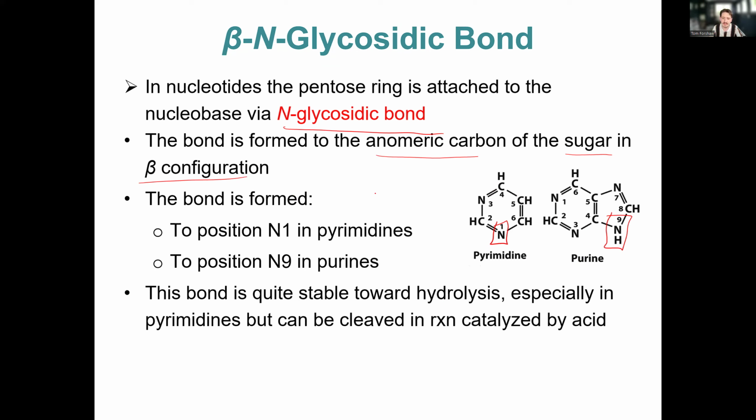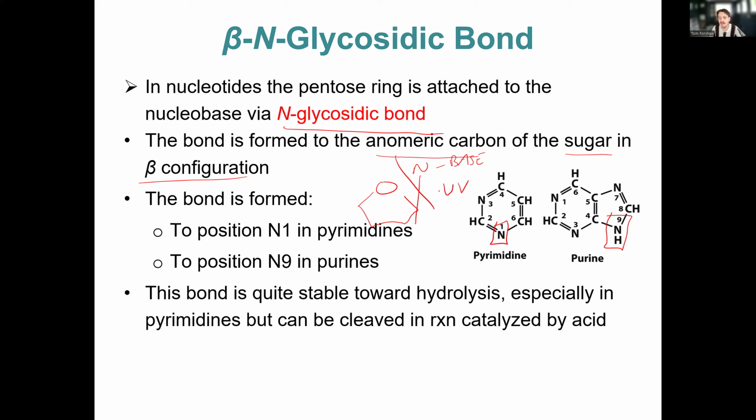So, for instance, if you had the sugar and the base, it can be cleaved under certain conditions, especially a low pH condition, but certain mutations can cause it as well.